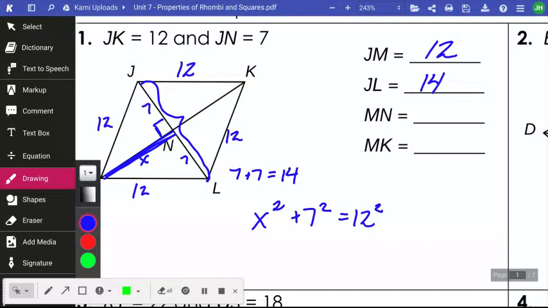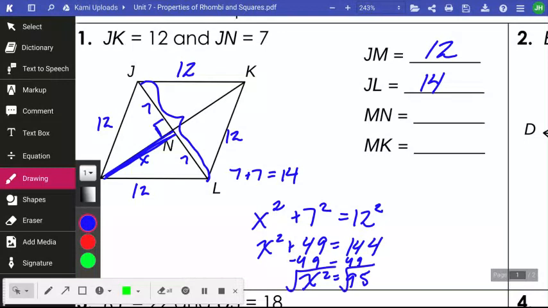The hypotenuse is the longest side. I'll go ahead and simplify so that I can begin to solve this. I'll subtract 49 from both sides so that I have x squared is equal to 95. And then I'll square root both sides, and I'll get approximately 9.7.